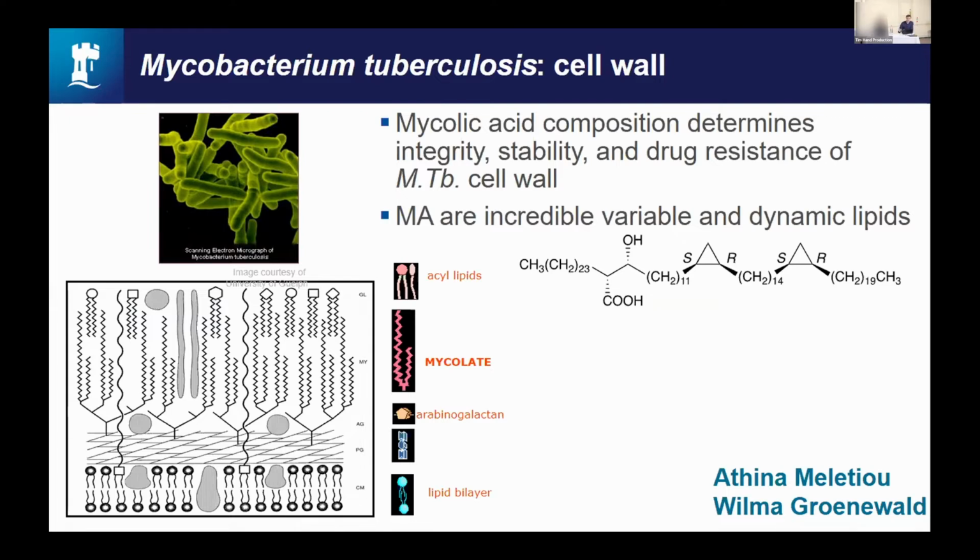Mycolic acids are relatively complex, relatively big lipids, which are incorporated in the cell wall of Mycobacterium tuberculosis. They are part of the integrity of the cell wall. They are part of the defense of the cell wall, for example, against antibiotics. So they have a key role in antibiotic resistance.